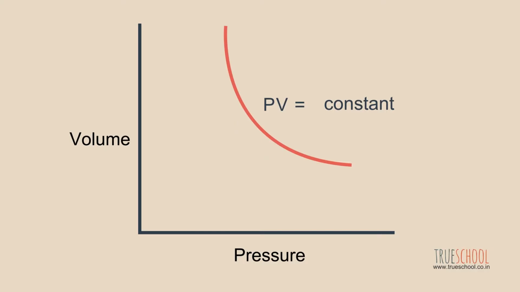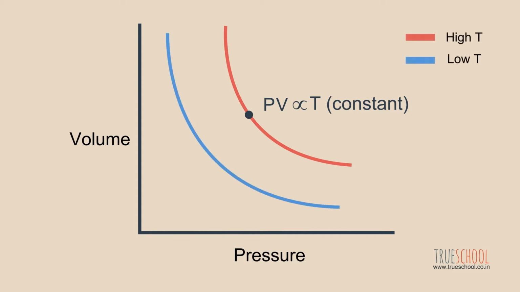This graph depicts the same phenomenon, which is called Boyle's law. On this curve, pressure into volume remains constant at each point and hence this is also called an isotherm. We can draw another isotherm for lower temperature, and on this curve the product of pressure and volume will be lower and proportional to the temperature of this isotherm.